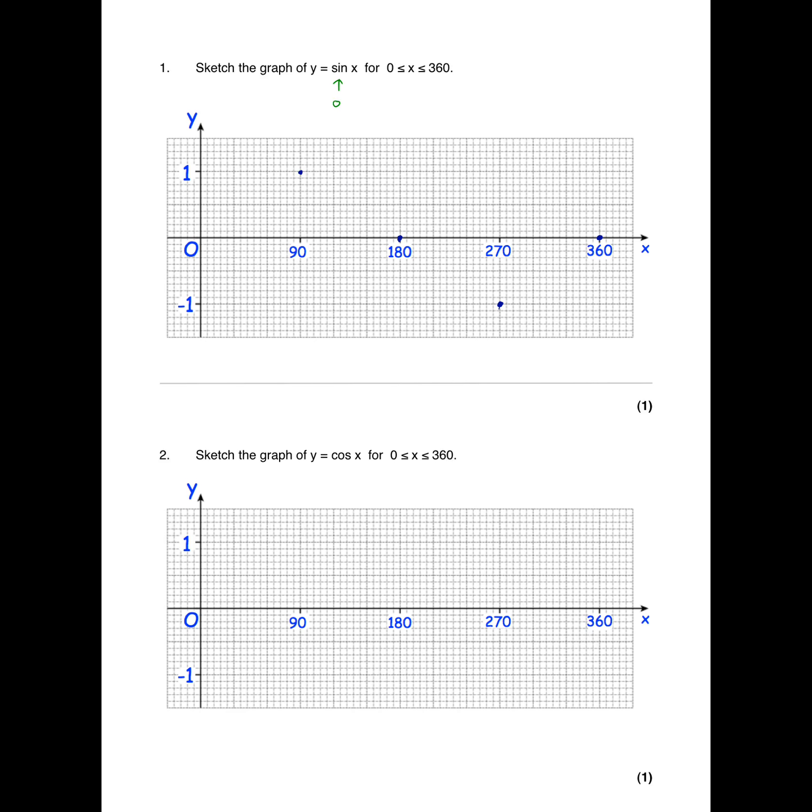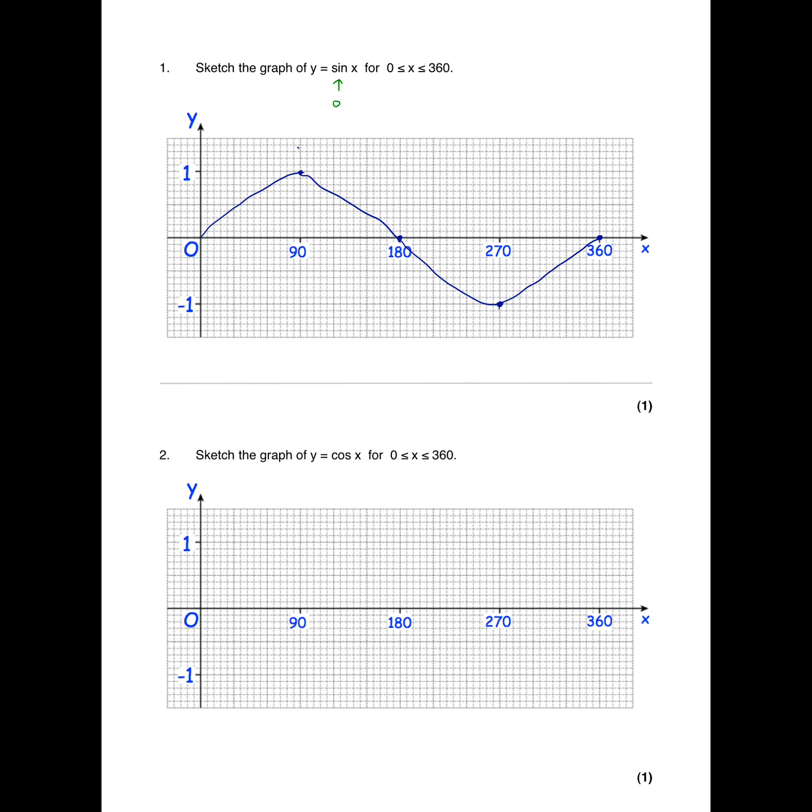The shape of the graph is a wave. You do have to make sure that you hit that maximum value, and likewise, no matter how squiggly your curve is, you have to make sure you hit the 180, and then you have to make sure you hit that minimum point at 270, and then the next point 0 at 360.